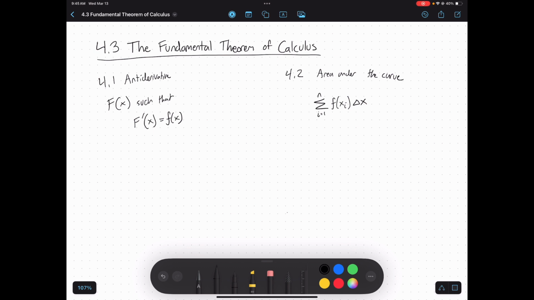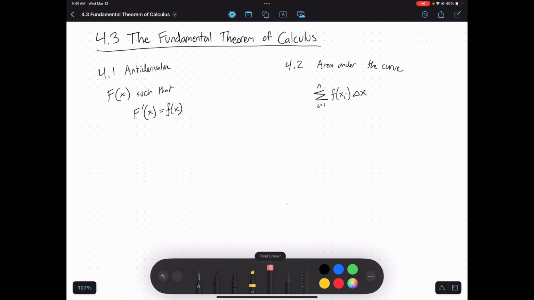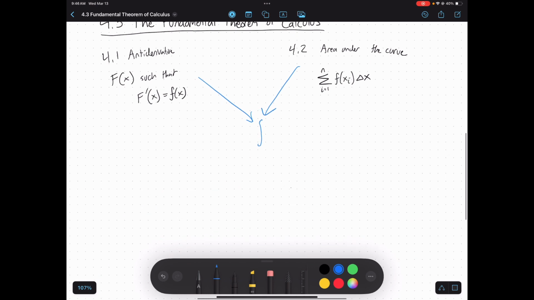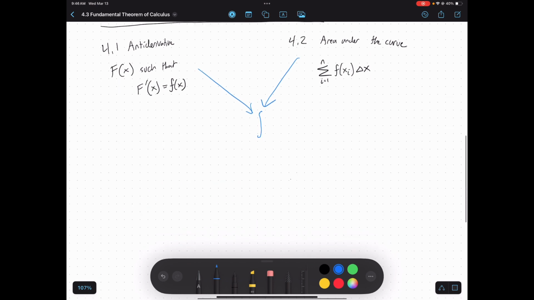But there was a way that these two things were related. They were related with this very skinny S symbol. In both of these sections, I used this skinny S symbol to represent an antiderivative or to represent an area under the curve. And so today we're going to learn why.